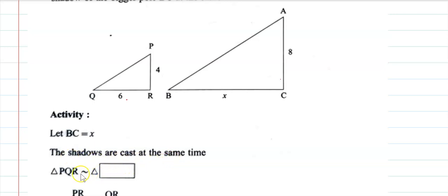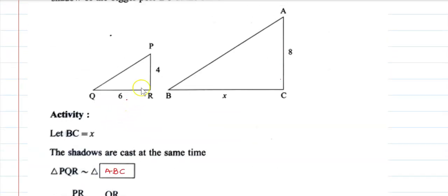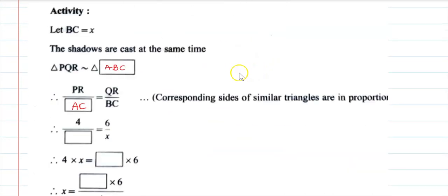Therefore, triangle PQR is similar to triangle ABC. PQR is similar to ABC. Therefore, PR upon AC is equal to QR upon BC. Now substitute the values. PR is 4 and AC is 8.